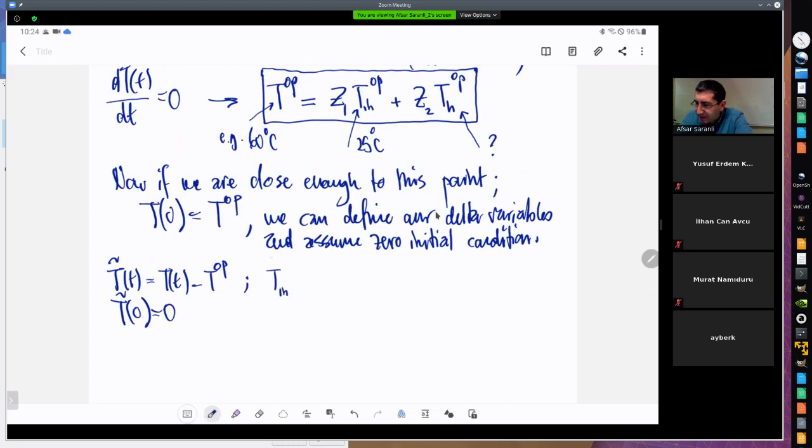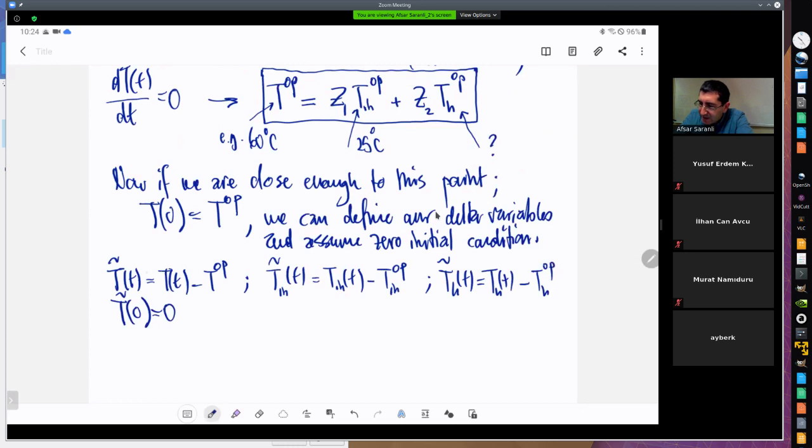Similarly, T in tilde of t will be equal to T in of t minus T in OP, and finally we have T H tilde of t, again around the operating point, T H OP.